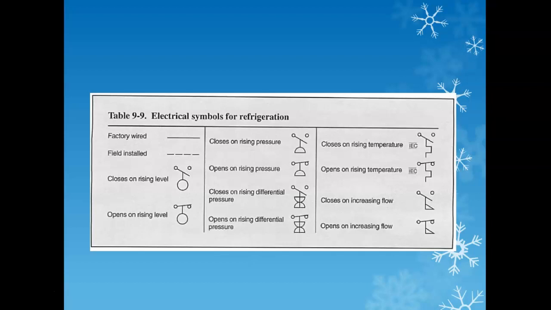Okay? You have different switches. So these close. This one closes on the rising level. This one opens. Closes on pressure, rises on pressure. Okay? All these are just telling you how the particular valve will work in conjunction with your system.